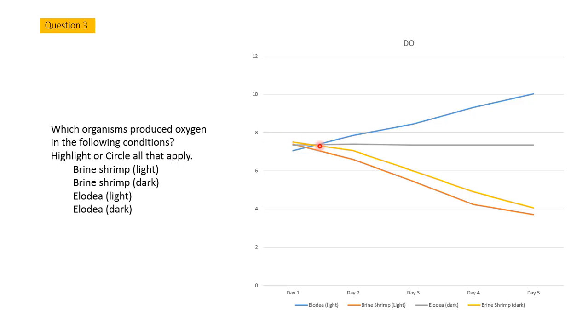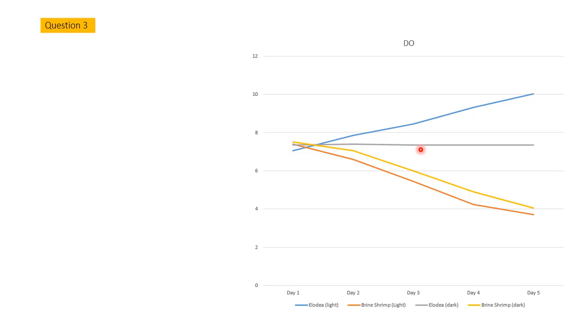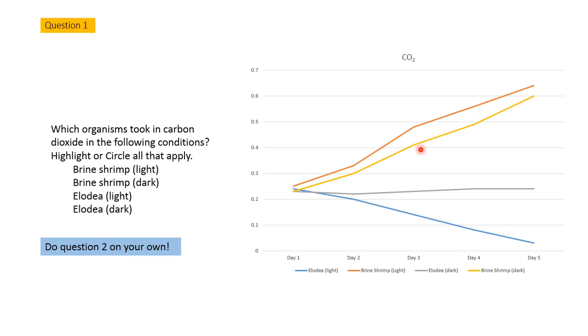If there is no light, they don't make any oxygen, and as we saw from our one back here with carbon dioxide, in the dark they don't suck in carbon dioxide either, so they don't do photosynthesis in the dark, which makes sense. You need light to do photosynthesis.